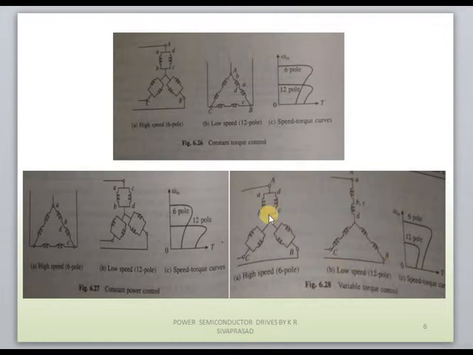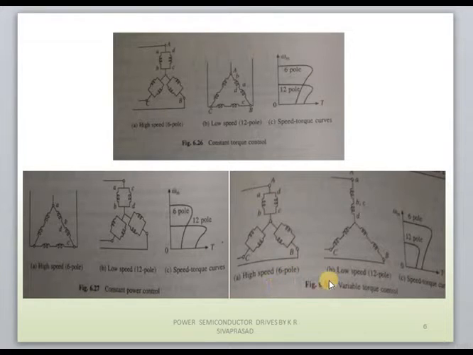And the third type of connection is, here we are creating a high speed 6-pole and a low speed 12-pole, similar to the first case. But in the connections you can clearly observe that for high speed 6-pole, A and D are short circuited, B and C are short circuited, similar to the first one.